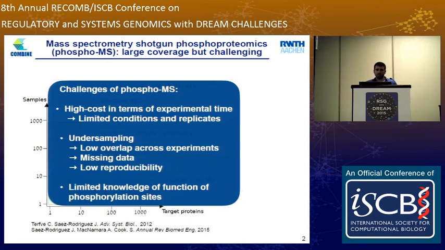One is that in mass spectrometry, you sample the proteome in a more or less stochastic manner, and thereby, if you do the same experiment twice, you are not necessarily able to measure the same proteins. This is an issue if, for example, you want to compare different studies: you don't have the same measurements and you have missing data. It's also a relatively noisy technology, and therefore reproducibility is limited.